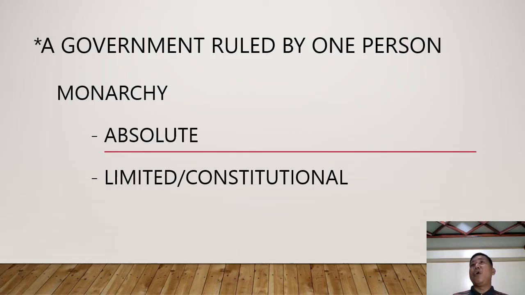But upon review of the present monarchies in the entire globe, the entire world, you can see that most of the monarchies are limited monarchy or constitutional monarchy. Take, for example, the monarchy in the United Kingdom of Great Britain and Northern Ireland. Queen Elizabeth II is no longer the one that runs the government.